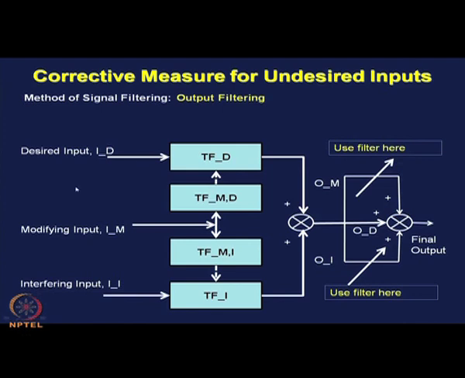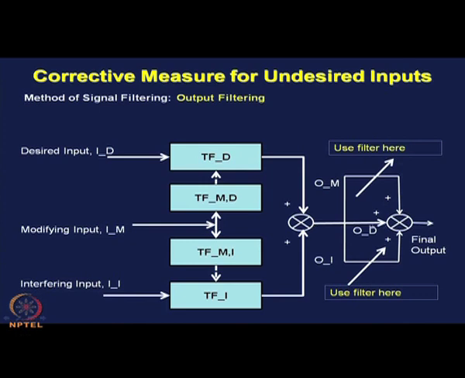I can also introduce filters to the output signal. Again, consider the same block diagram. In case of input filtering, we put filters to the modifying input signal as well as to interfering input signal. In case of output filtering, we will introduce filters at output signal.